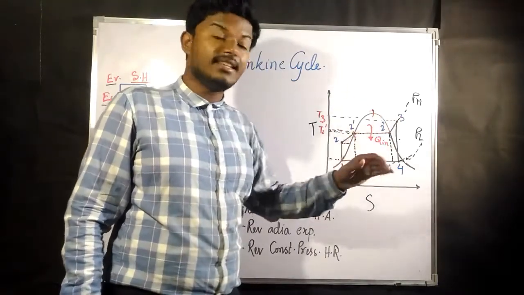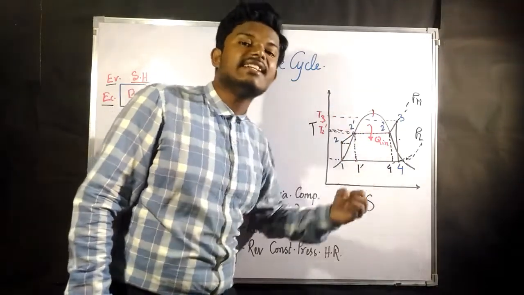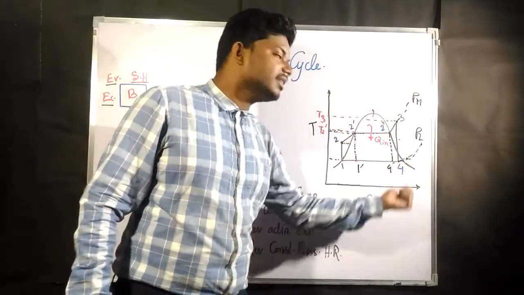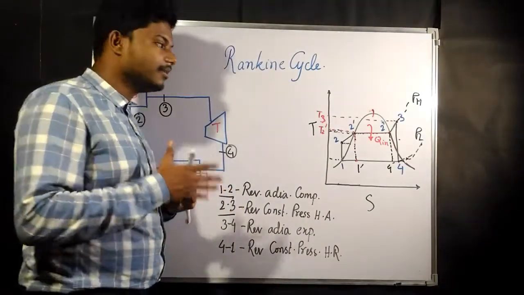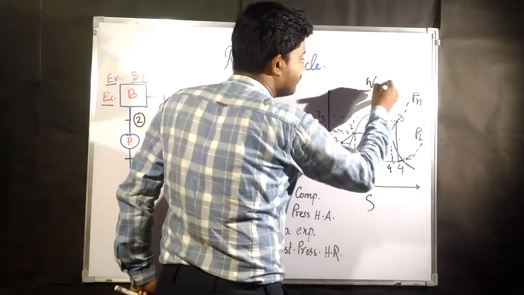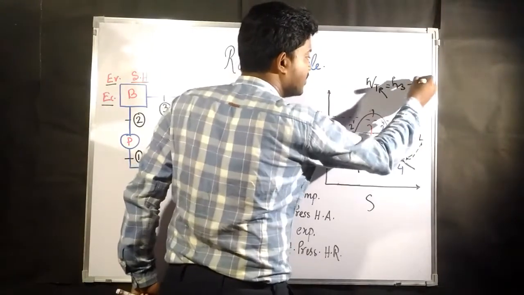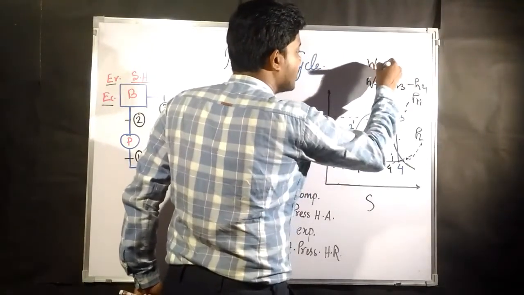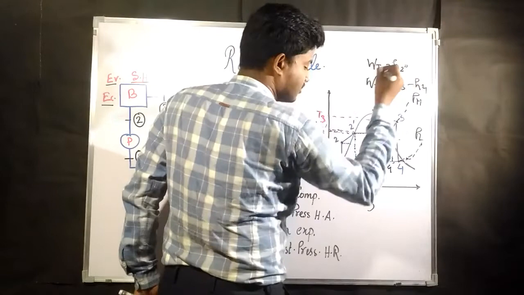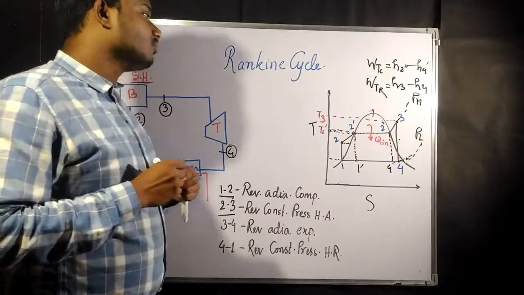But we can say that whatever we have found out of the Carnot cycle, now we are intentionally increasing the temperature to get more work done by the turbine. So the work done by the turbine for the Rankine cycle is going to be nothing but enthalpy at state 3 minus enthalpy at state 4, whereas the work done by the turbine in the Carnot cycle was enthalpy at 2 double dash minus enthalpy at 4 dash. Okay, this is our work transfer difference.